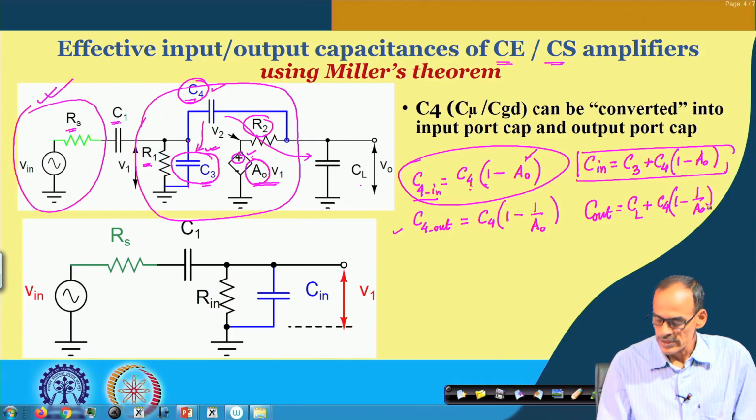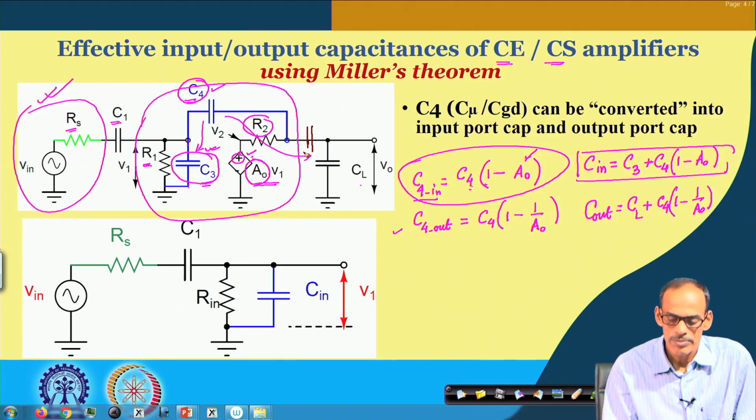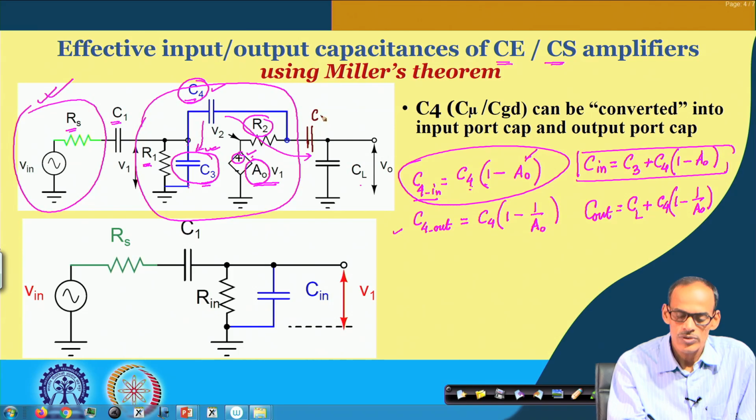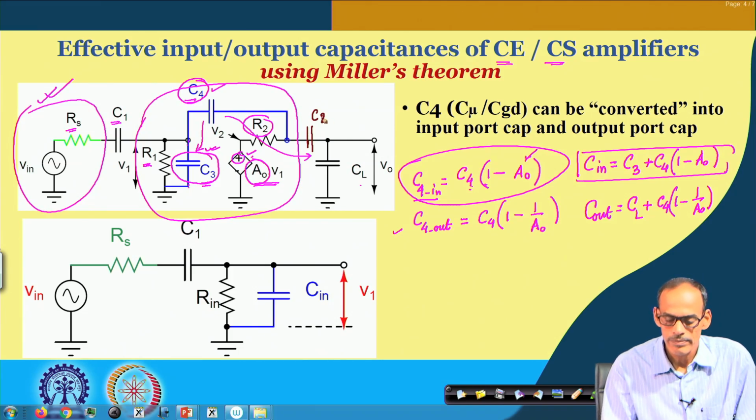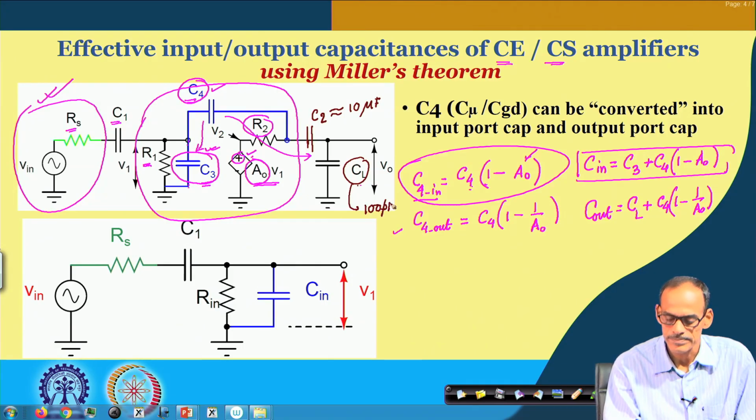Yeah, I would like to mention one thing here. In the actual circuit, CE amplifier or CS amplifier, typically we do have one DC decoupling capacitor or AC coupling capacitor, and typically we name it C2. If I consider the typical magnitudes of C2 and CL, C2 may be in the order of say 10 microfarad, whereas the CL may be in the range of say 100 picofarad.